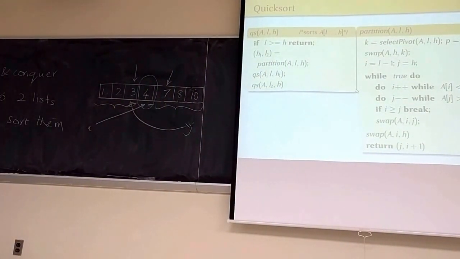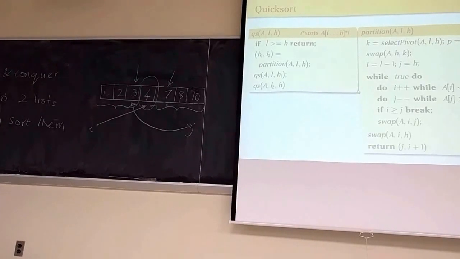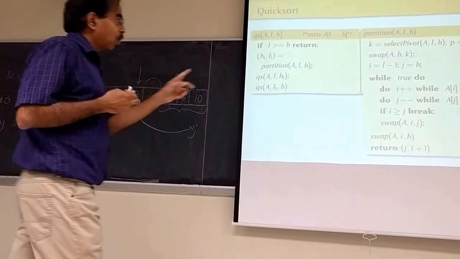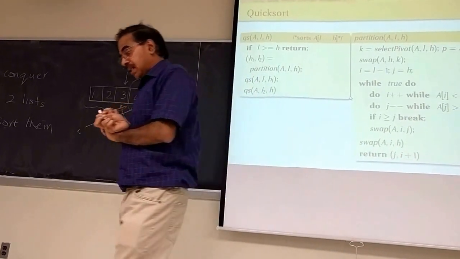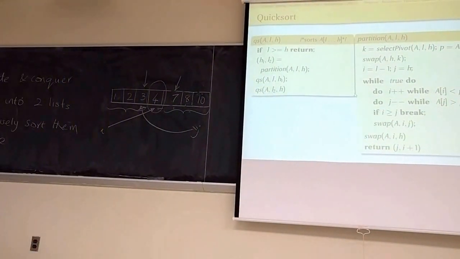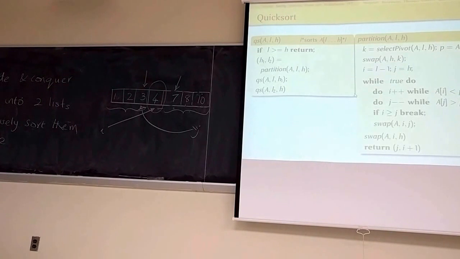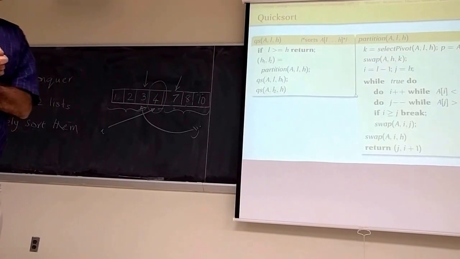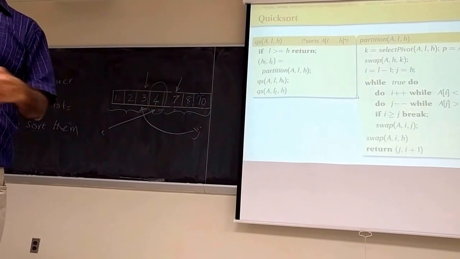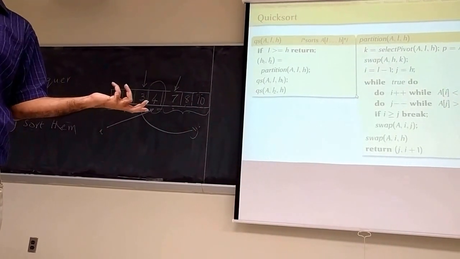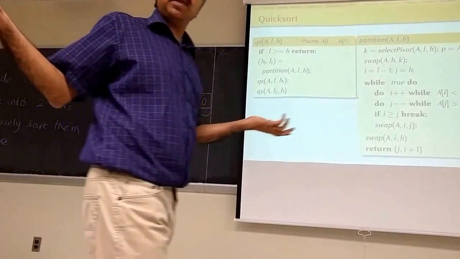As far as correctness is concerned. But there is actually a good reason why it is a less than. And that reason is in cases where, let's say, consider a list which consists of all equal elements. You can be asked to sort an array where all elements are equal.